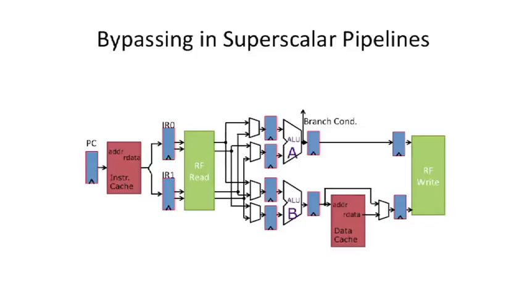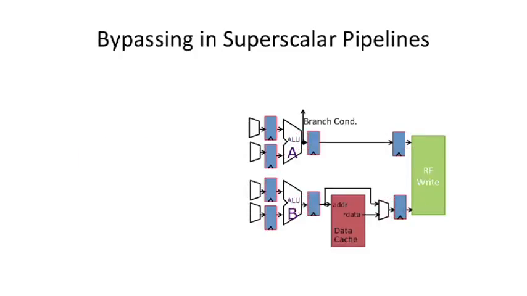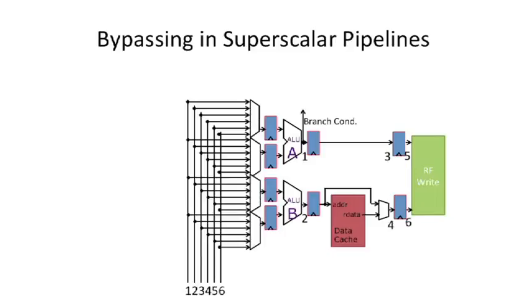Instead of when we had one pipeline, where we could bypass data out of here, here, and there, so there's only 3 places, now that we have 2 pipelines you've effectively multiplied the places that you can bypass out of, and now you can have 6 places. So if you pull the steering logic off and then make your multiplexers bigger, where you're doing your bypassing, you end up with 6 different locations that you have to choose between for each input operand.